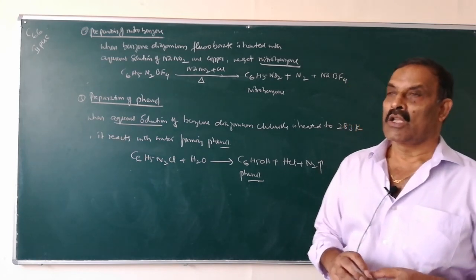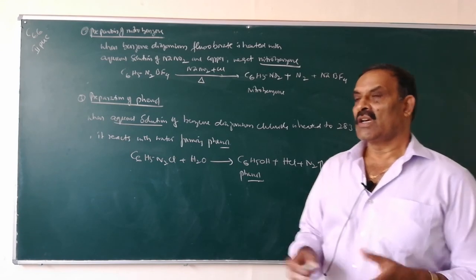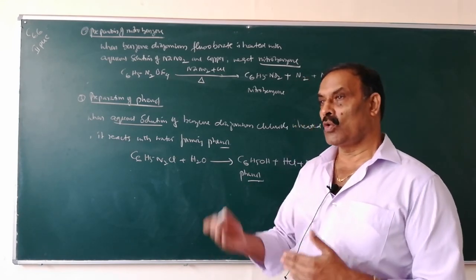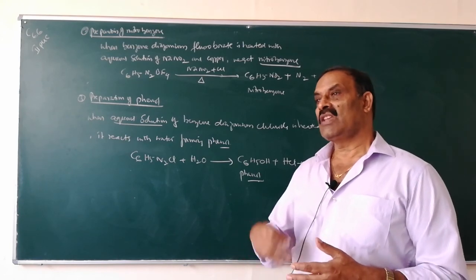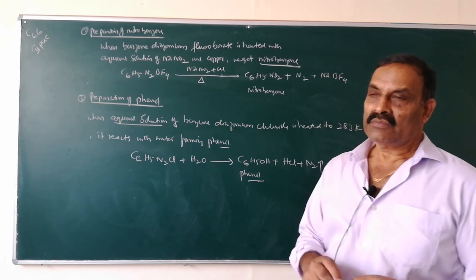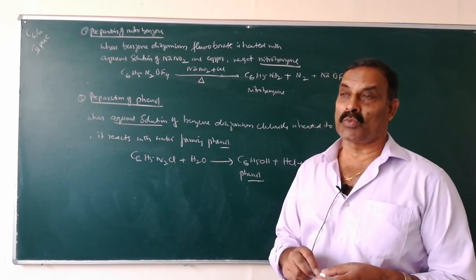Is it not? So there are two types of reactions of benzene diazonium chloride. Reactions which retain the diazo group, N2 group, and reactions which displace N2 groups, diazo groups.